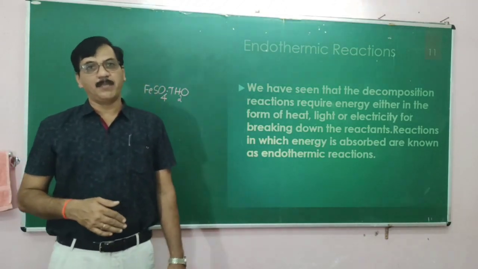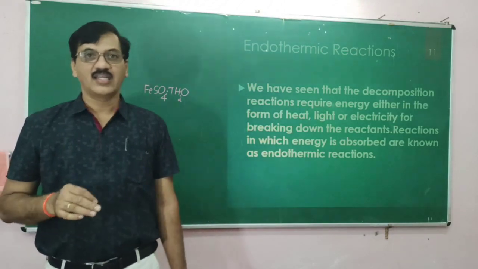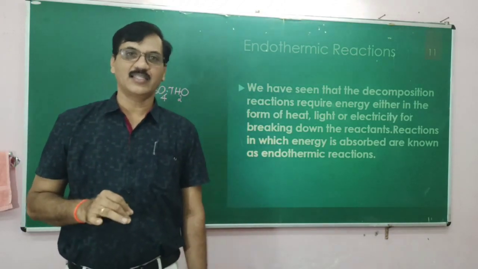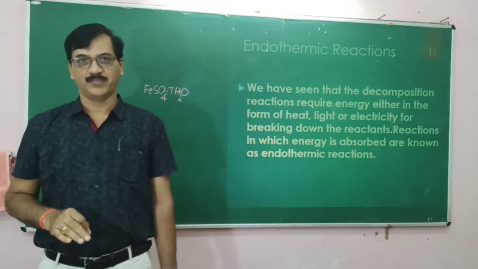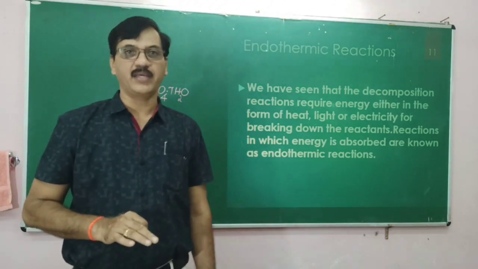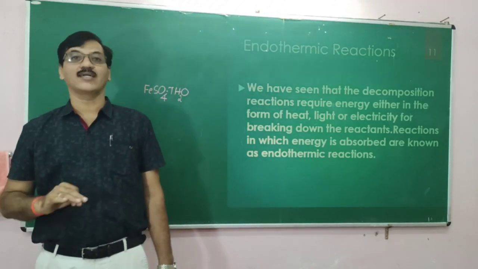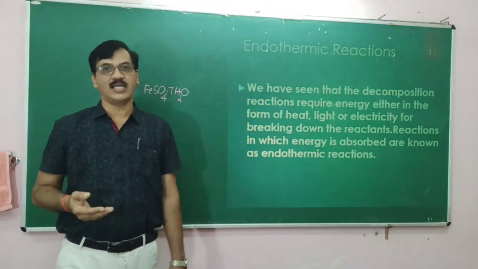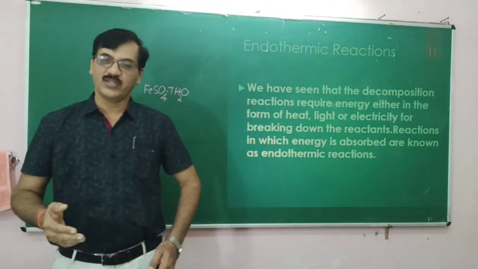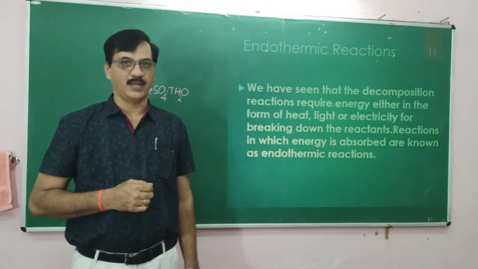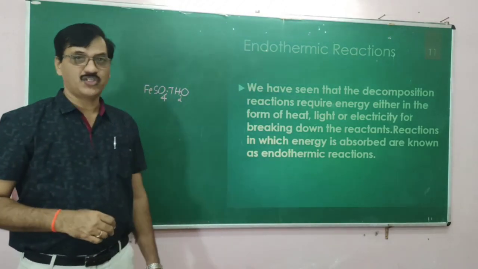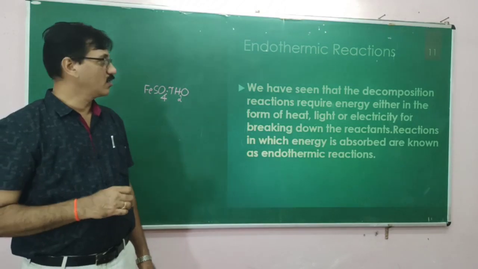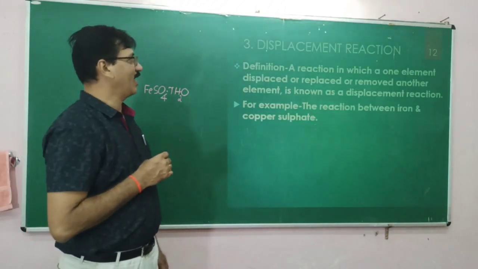The energy may be in the form of heat, electrical energy or light. If light is being used, then it is called photolytic decomposition. Passing electrical energy, many of the reactions can also happen. So decomposition reaction is an endothermic reaction.